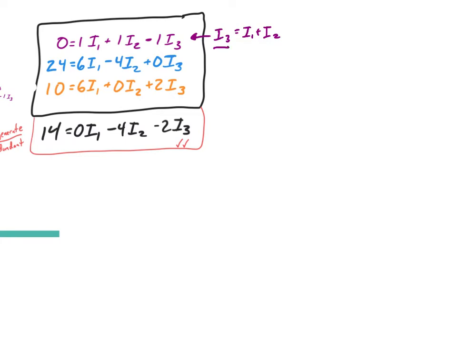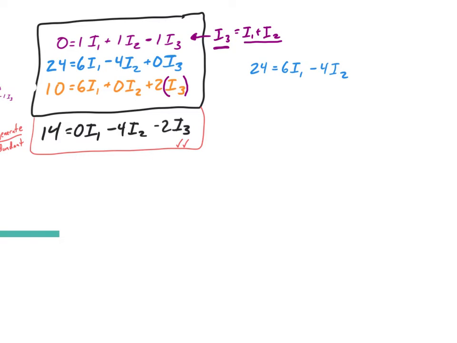So anytime I see an I3, I'm going to replace it with I1 plus I2. The only other place I see it is here. So my blue equation is still the same. 24 is equal to 6I1 minus 4I2. And I don't even have to mention I3.